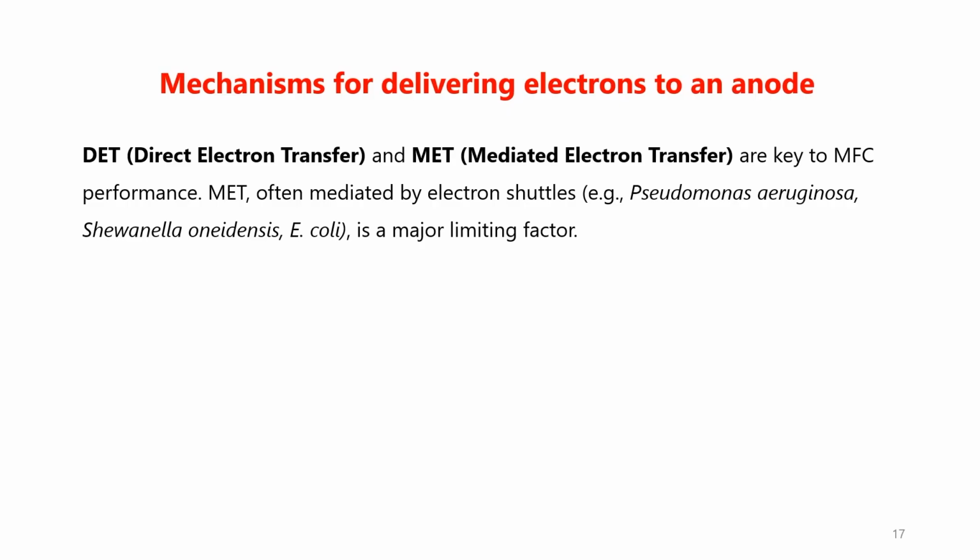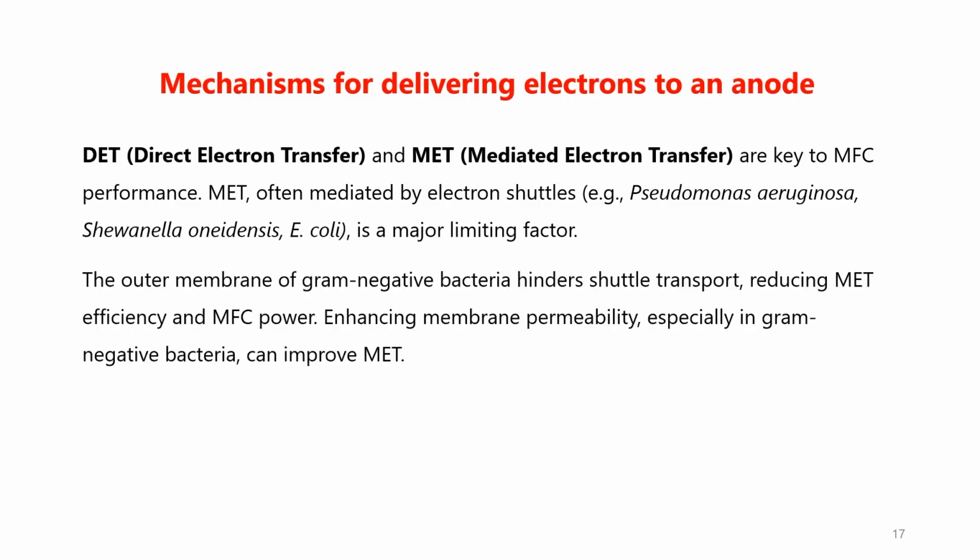MET is often mediated by electron shuttles. Example, in the case of Pseudomonas aeruginosa, Shewanella oneidensis and E. coli, and this is actually a major limiting factor. The outer membrane of gram-negative bacteria hinders shuttle transport, reducing MET efficiency and MFC power.